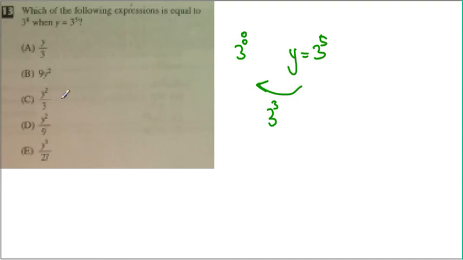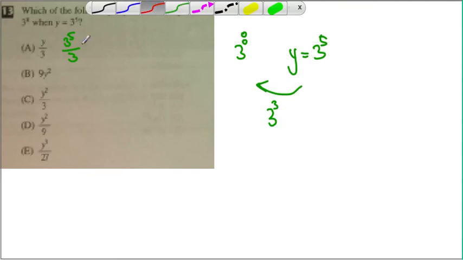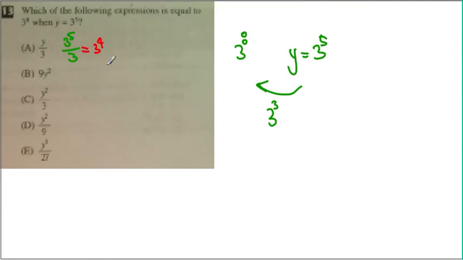How about we check each one of them. This is 3 to the 5th divided by 3, which will result in 3 to the 4th power. How about here? 3 to the 5th squared becomes 3 squared times y, which is 3 to the 5th, so 3 to the 10th power, which will be 3 to the 12th power.